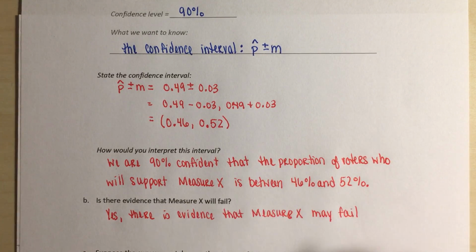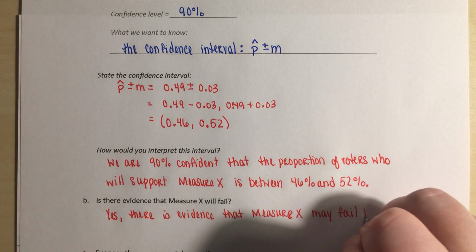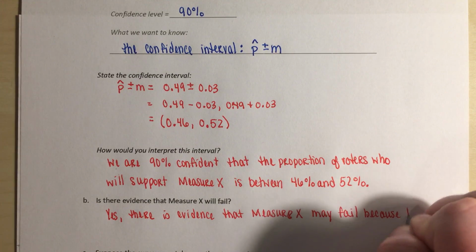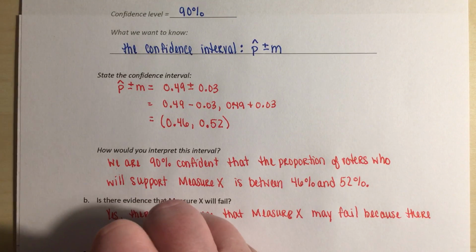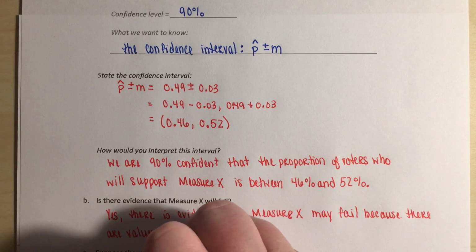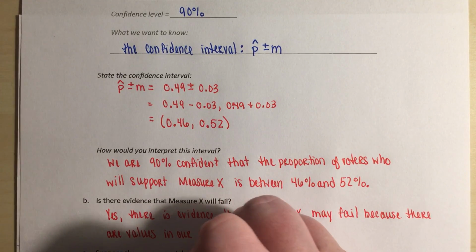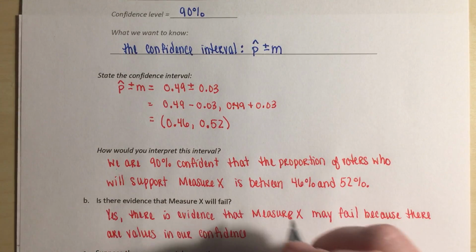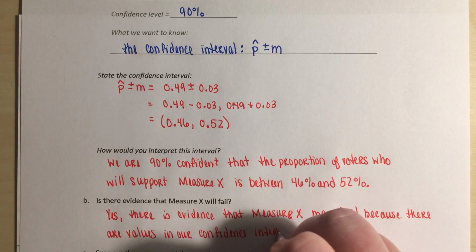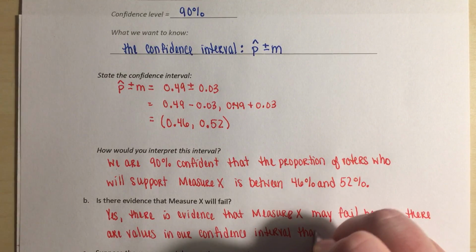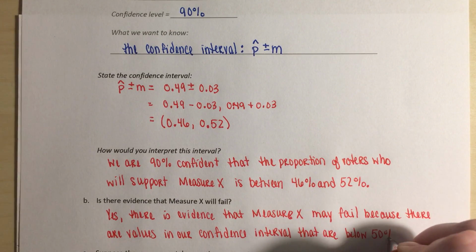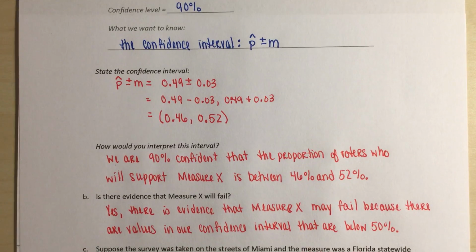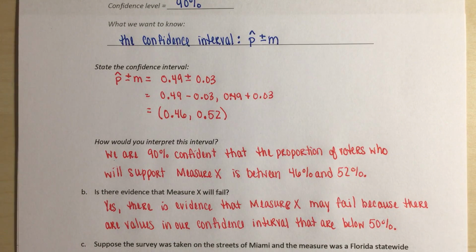So we don't know if it will fail, but there is evidence that it may fail because there are values in our confidence interval that are below 50%. So we can't say that it will or will not fail because our range of values goes both above and below 50%.